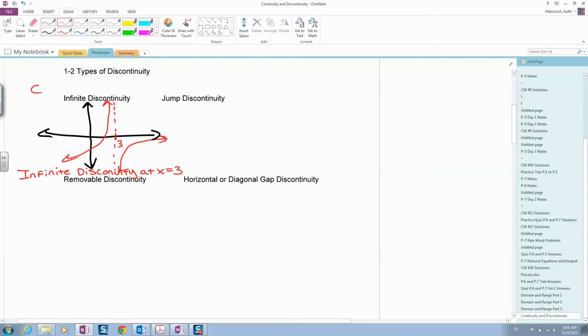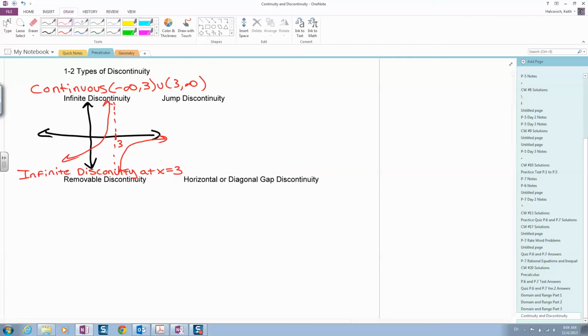So the graph is continuous on the interval from -infinity to 3 and from 3 to infinity. That's when the graph is continuous. It's broken up at x equals 3 by a vertical asymptote. That's infinite discontinuity when you have a vertical asymptote.